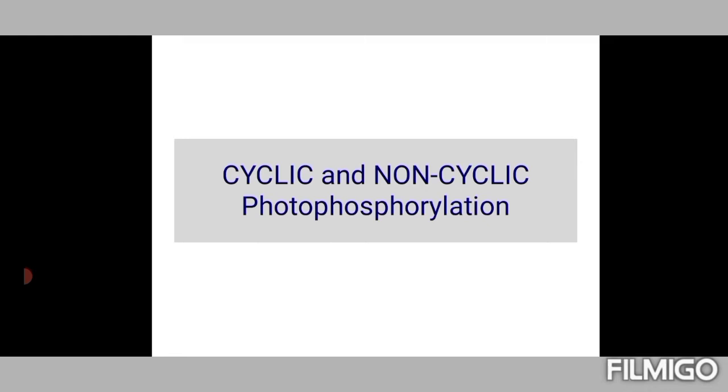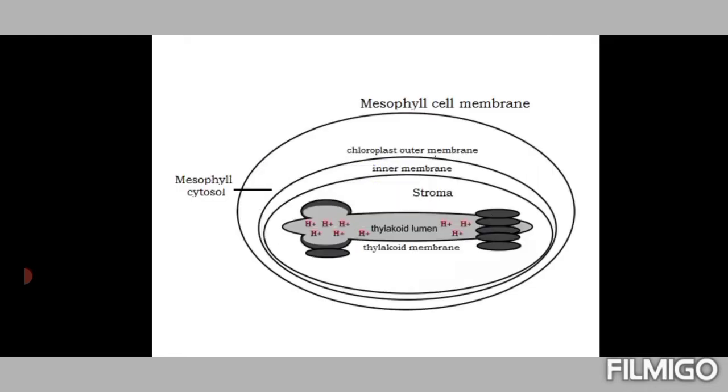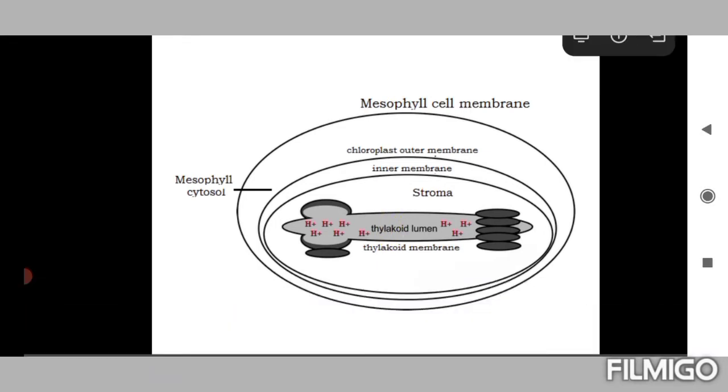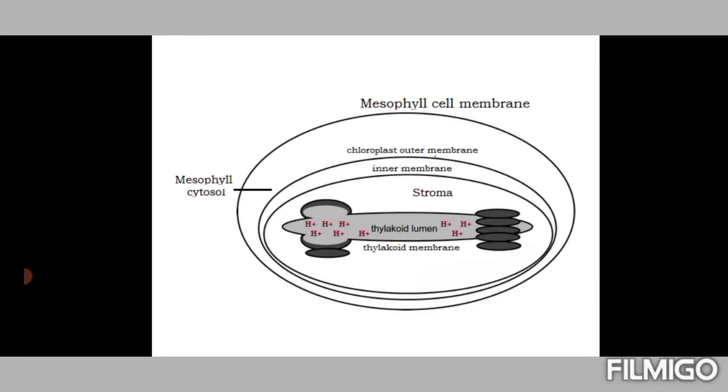Now, one of the basic ideas of how cyclic and non-cyclic photophosphorylation result in ATP synthesis: you can see here the mesophyll cell membrane, the mesophyll cytosol, and inside it the chloroplast outer membrane, inner membrane, stroma, and the thylakoid with the lumen.